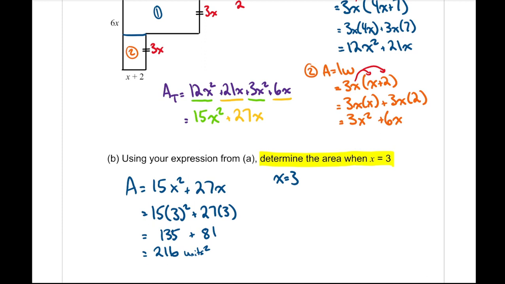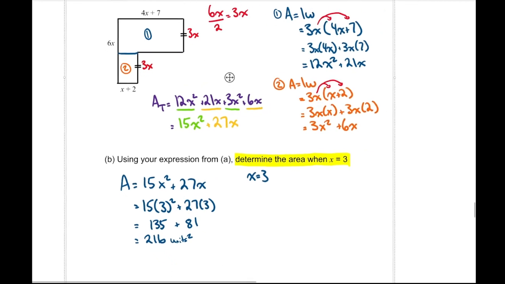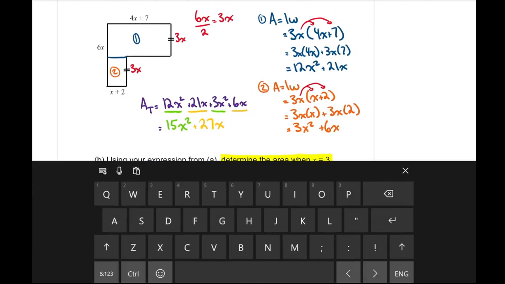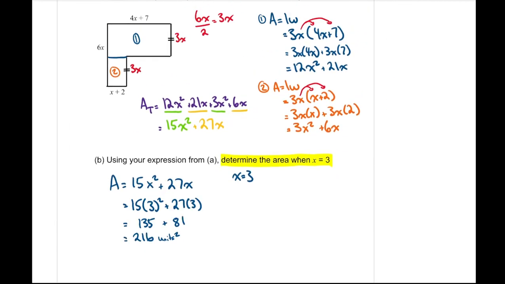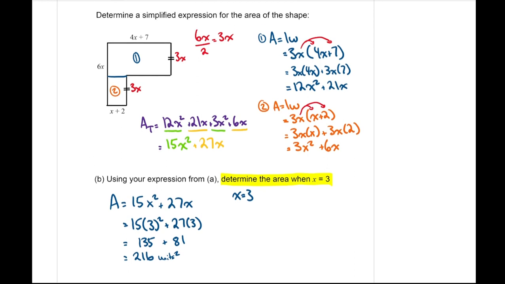So what we've looked at today is using what we call the distributive property. This is when we are dealing with terms or numbers multiplying a bracket that has multiple terms on the inside. You could call it the rainbow method or distributive property.